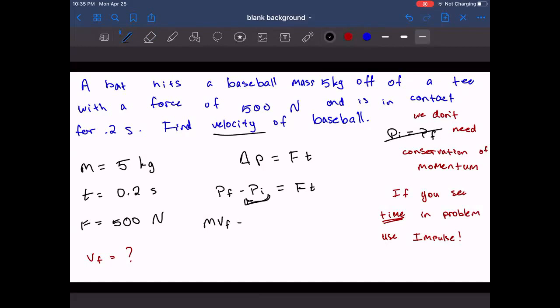You don't need any notes. All you need is what you said, and you know very well. If PF is equal to MVF, then what is PI equal to? Oh, MVI. Yes. Okay. And then I didn't do anything to the right-hand side.